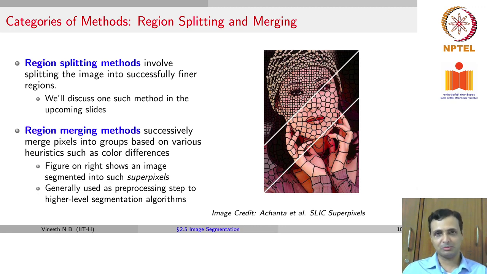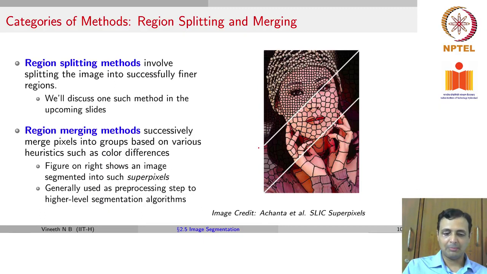We'll see one example of this method a little later in this lecture. The other kind, which is a bit more popular, are region merging methods, where you start with a pixel as a region and keep merging similar pixels and forming regions, and you can keep going all the way till the complete image.